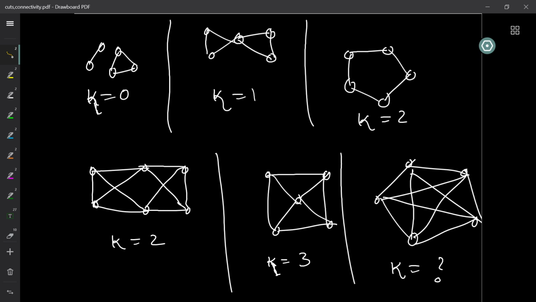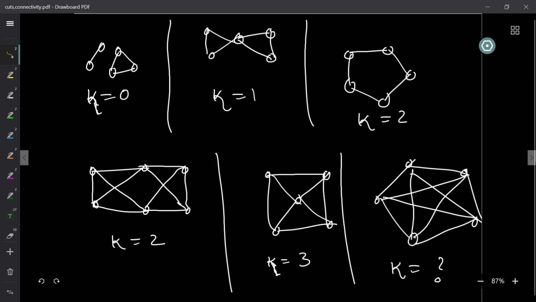The second graph, the connectivity is 1. If I remove the vertex in the middle, the graph gets disconnected, but the graph is otherwise connected. And the third graph, which is a cycle, the connectivity is 2 because by removing one vertex, I cannot disconnect the graph.